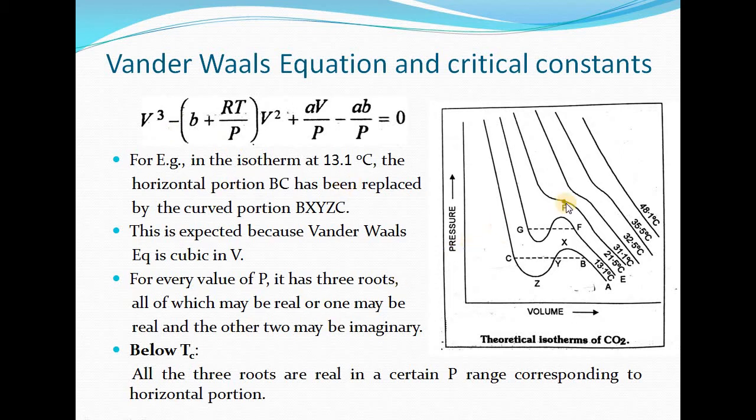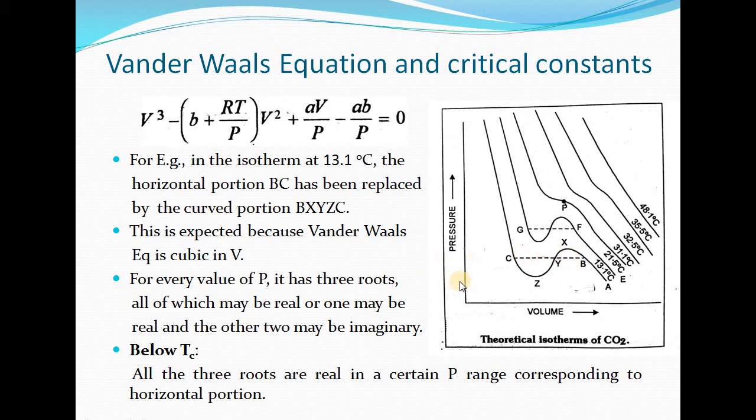Below the critical temperature, in the pressure range corresponding to the horizontal portion, we get all 3 roots real for the volume V. That's why we get a curved portion instead of the horizontal portion, because of 3 real roots of V corresponding to a particular value of pressure P.